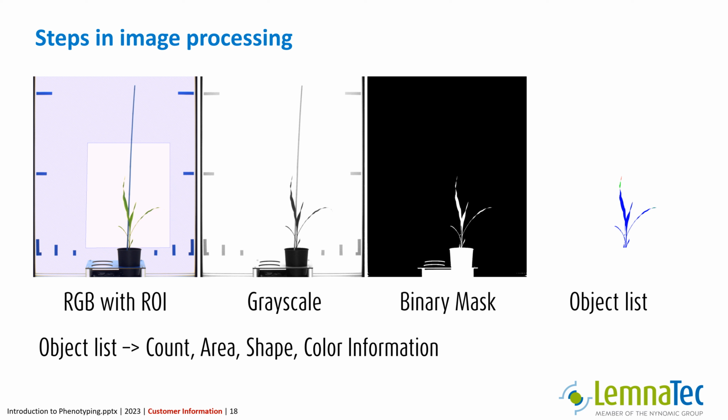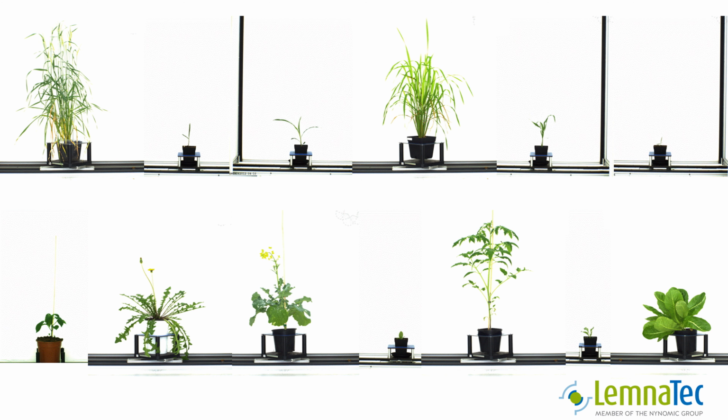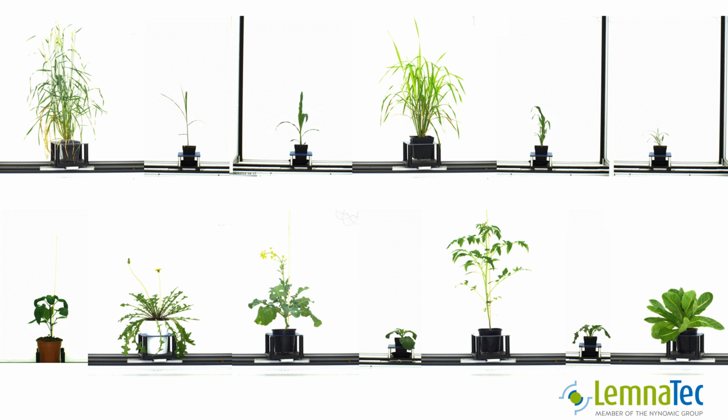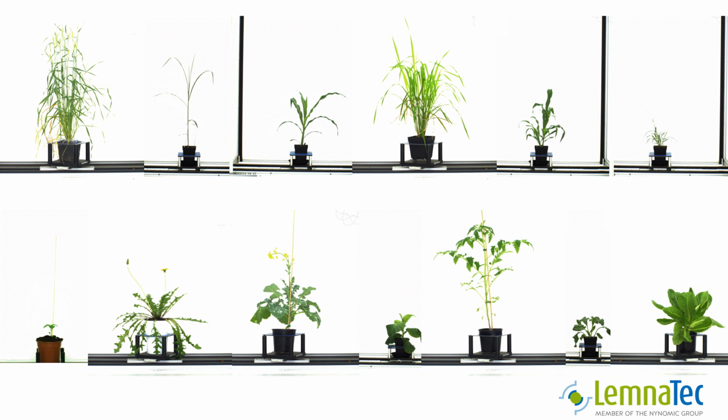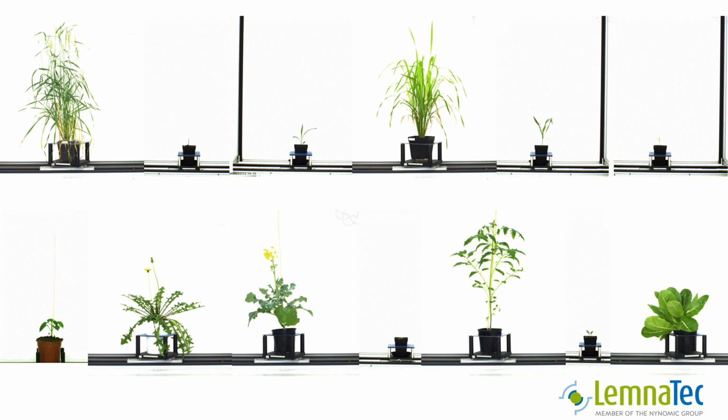Such an object list can then be used for counting, determining areas, shapes or color information. These steps essentially work for many plant species, for many varieties that are of interest in research and breeding.